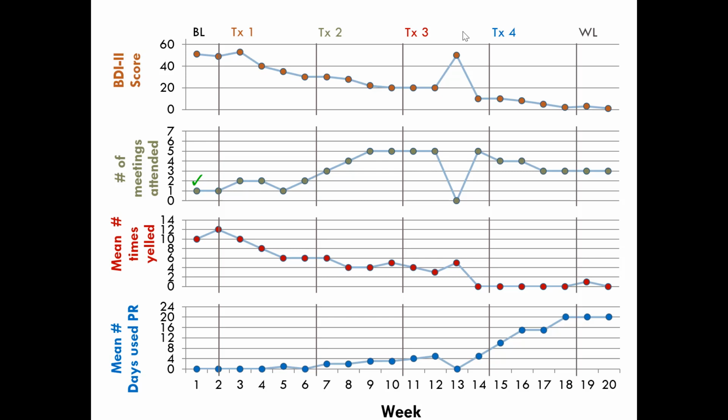But what you can also do is combine measures in one graph. So here we have the number of days, right, that they attended AA. But what if every week we also wanted a notation that indicated whether or not their urine test was clean or not? So in this case, week 1, they had a clean test.